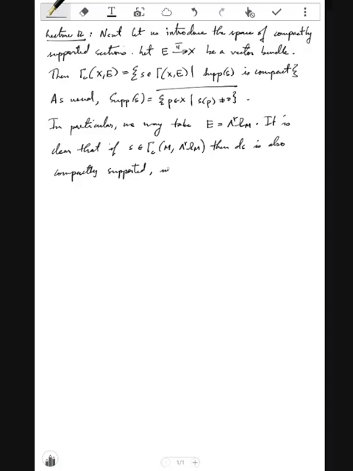In fact, support of ds is contained in support of S.